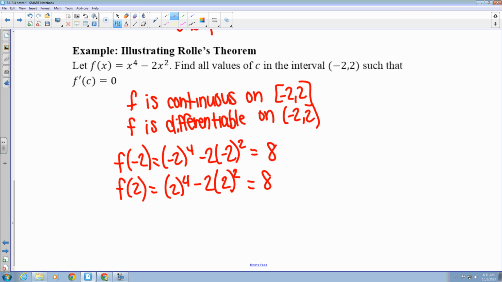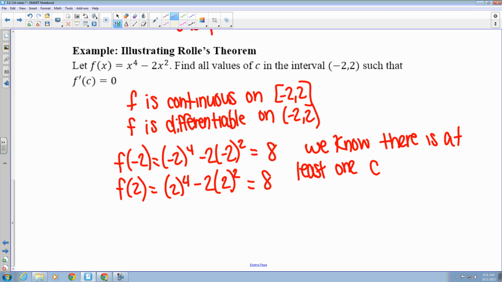So those two are equal to each other. So we know there is at least one c value such that f prime of c is equal to 0 in our interval from -2 to 2.